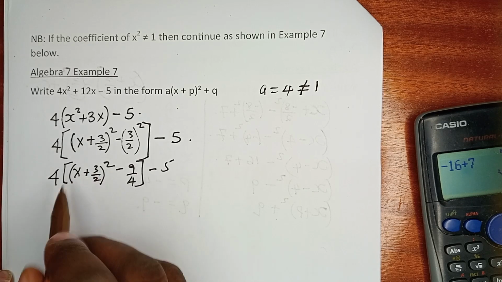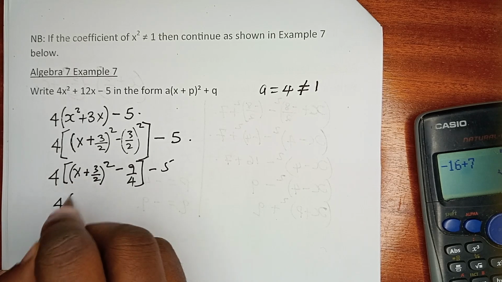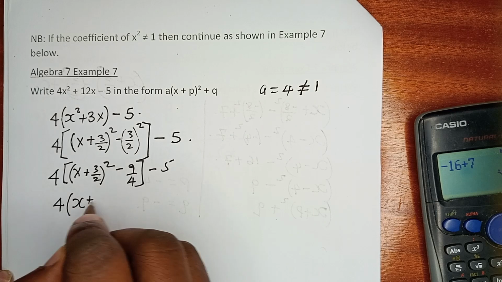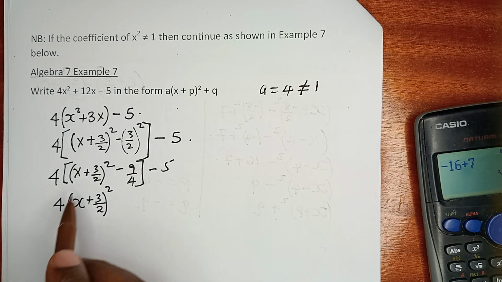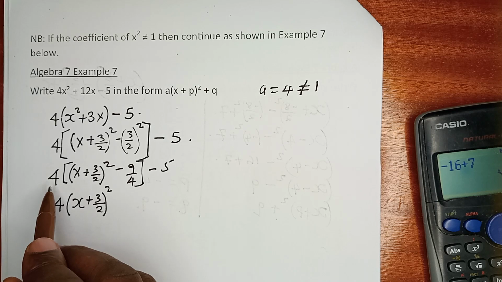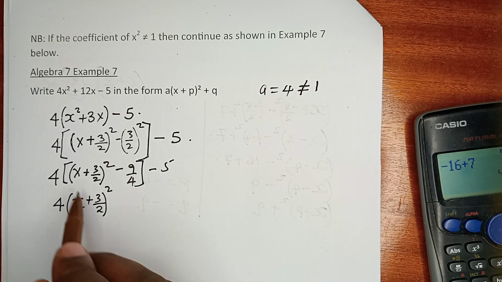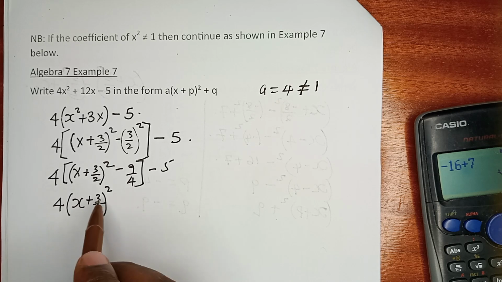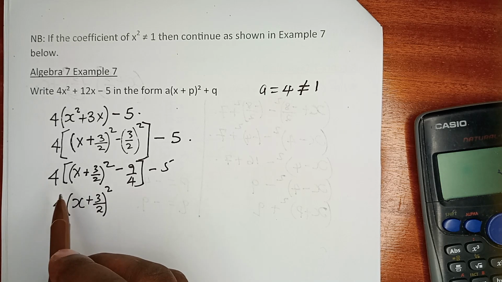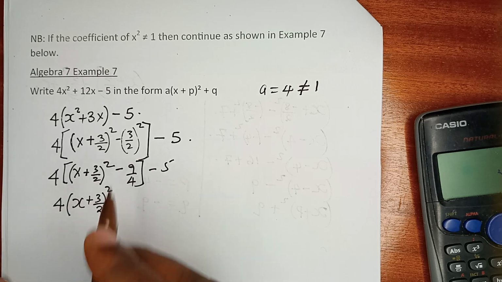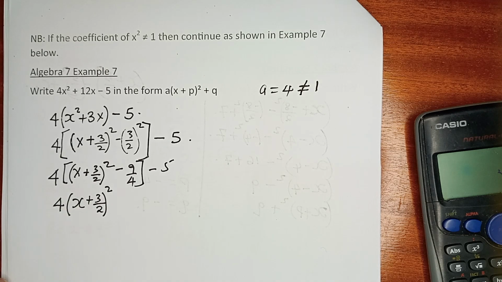Of course, the bracket will be 4, open bracket, x plus 3 over 2, close and square. That part is multiplied by 4, because if you want to multiply x independently by 4 and this term independently by 4, we would have to first open this bracket and then multiply by 4, which is so much work. So that part is done.